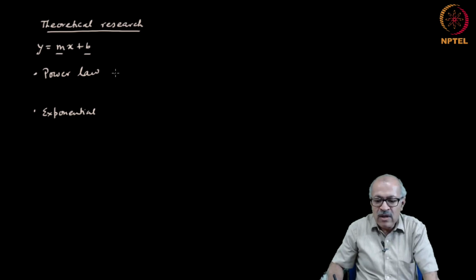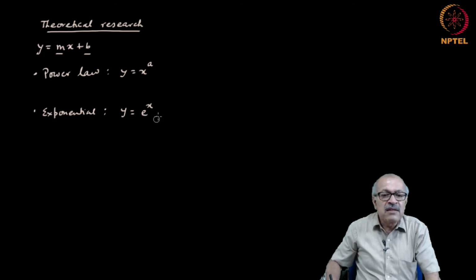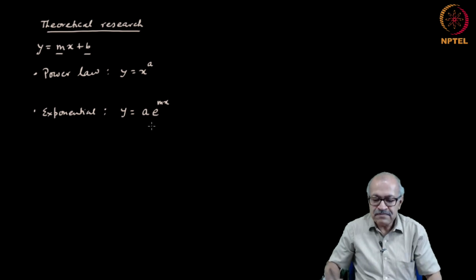For power law, it is y is equal to x to the power some constant a, and this is y is equal to e to the power x, or let me write a rather general form. One can write it as a e to the power mx, where a is a coefficient. That is a general form of the exponential function.